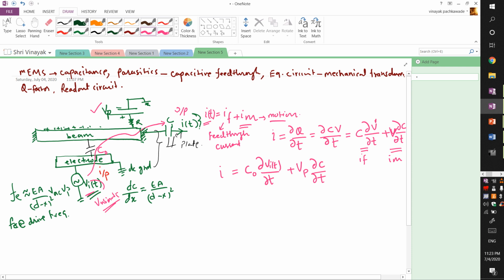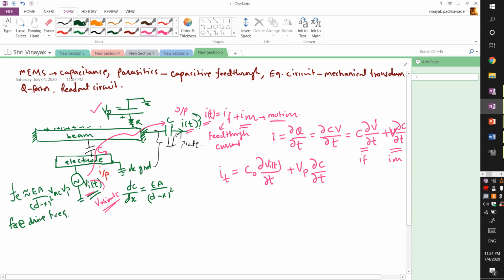So that's the total current that we can get of this transducer. It contains two components. One is due to feed through, which is inherent in the device, and one is the motion current due to the motion. That is how it can be written.